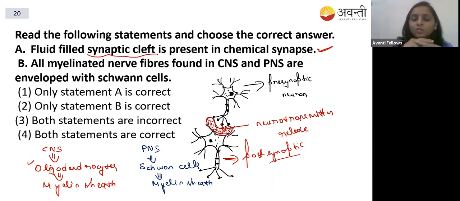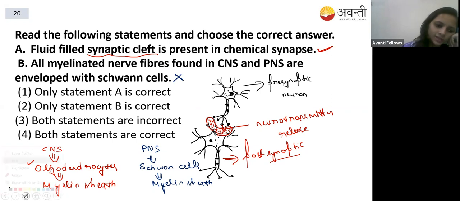No, guys. For the central nervous system, there is a separate cell, the oligodendrocyte. For the peripheral nervous system, there is a separate cell, the Schwann cell. So that is what produces the myelin sheath. Option B is wrong here. So the correct answer is that only statement A is correct.